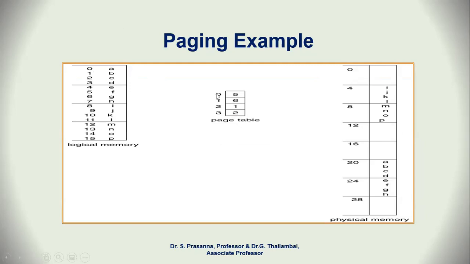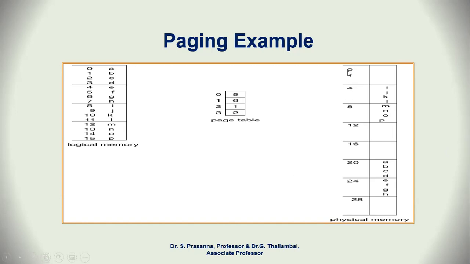Each part of the page is stored in which frame, you can see in the page table. The 0 is the starting address of A. When you check the frame number, it is 5. So when you go to frame number 5 in the physical memory, you can see that the page 0 value will be stored.